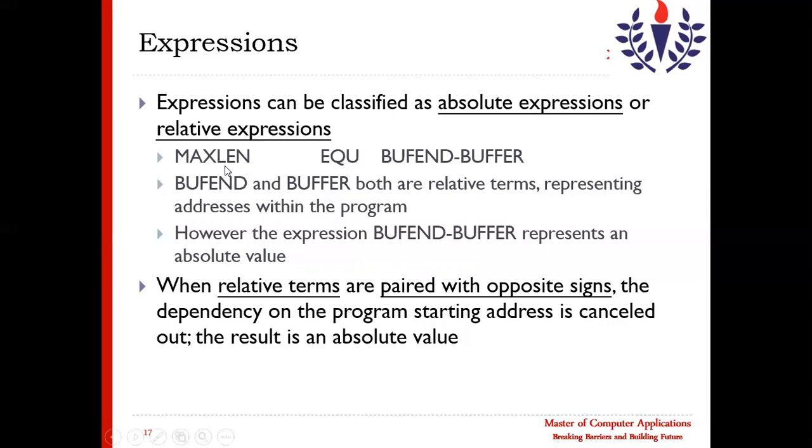So the assembler allows us to use expressions in place of operands in any instruction, and these expressions must be evaluated. Whatever expression we have written inside the instruction should be evaluated so that it generates an operand value or an address.